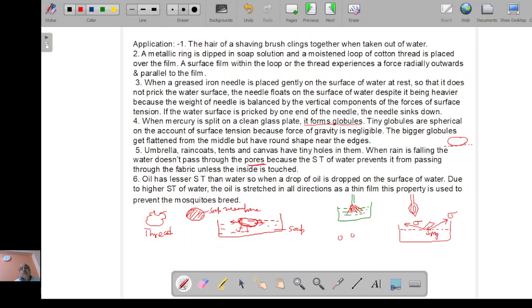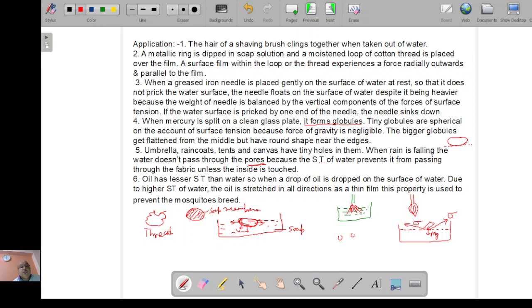Because of the surface tension of water, it is prevented from passing through the fabric unless the inside is touched. You will feel the wetness, but the water will not come inside.